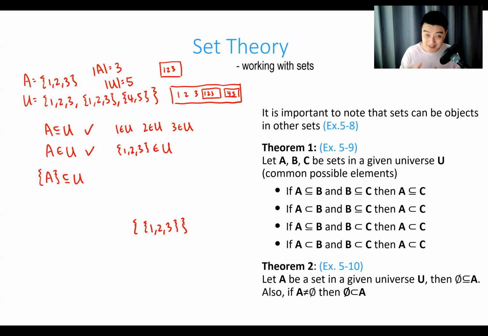It really means that this set has one element. This is the element. So can I say that the set containing A is a subset of U? Is every element on the left-hand side in U? The answer is yes, because the only thing that's here is A, and A is in U.